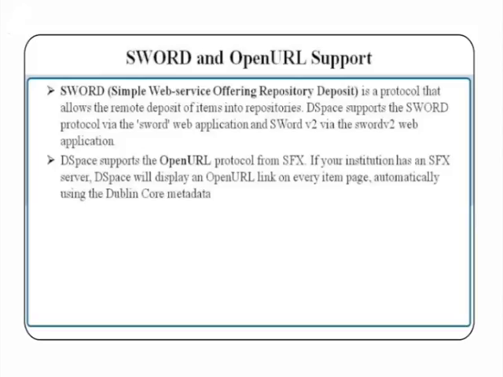DSpace supports the OpenURL protocol from SFX in a rather simple fashion. If your institution has an SFX server, DSpace will display an OpenURL link on every item page automatically using the Dublin Core metadata. Additionally, DSpace can respond to incoming OpenURLs too.